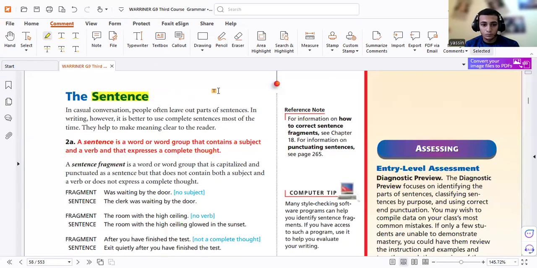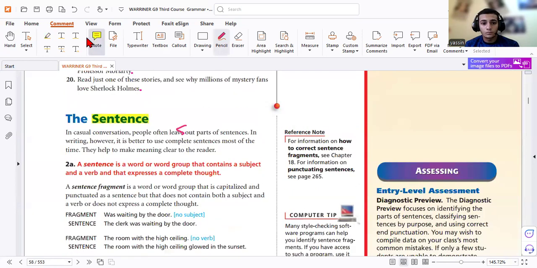Sentence. What is a sentence? A sentence means information that has a subject and has a verb and has complements. Subject means who did the action, and the verb is what the action is. And the complement means complete meaning. Is the sentence's meaning complete or not?